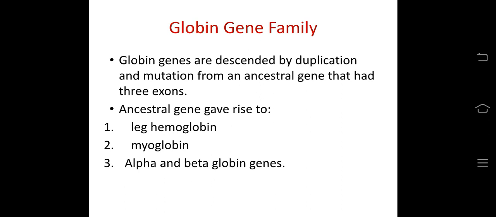Remember that point: 3 exons, meaning coding sequences. That ancestral gene produced these types: leg hemoglobin, myoglobin, and alpha and beta globin genes.